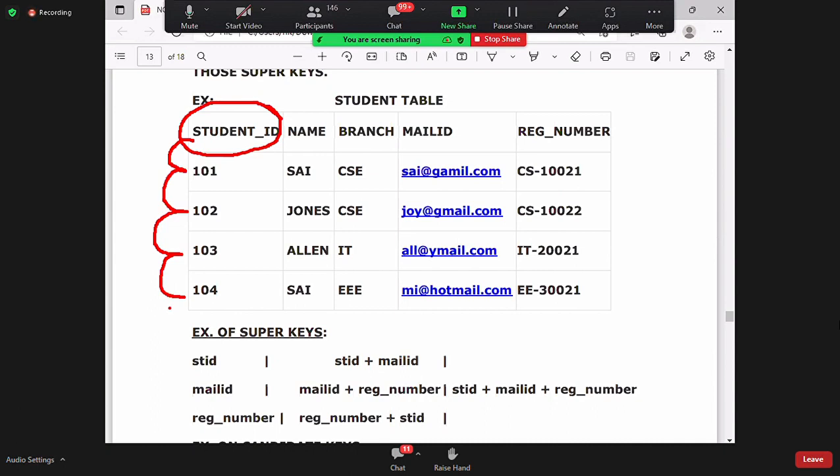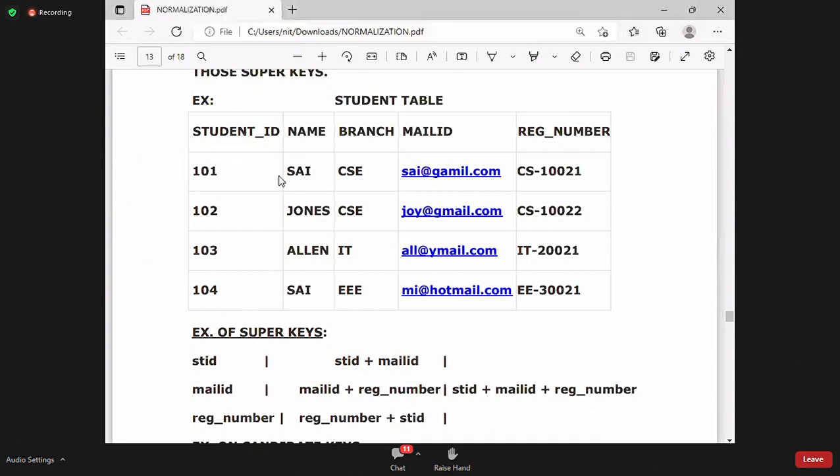So can I say the student ID column is uniquely identifying each and every row in this table? Yes. So can I say it is a super key column? Yes, a super key column. That means one super key column so far.